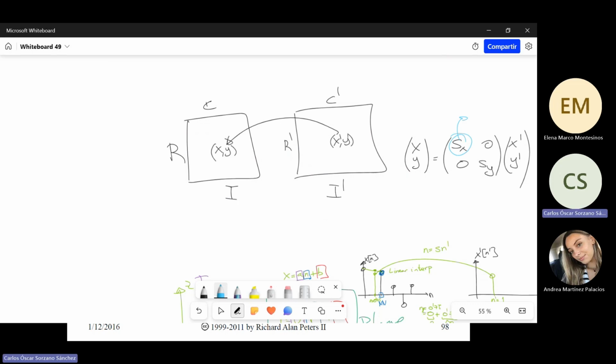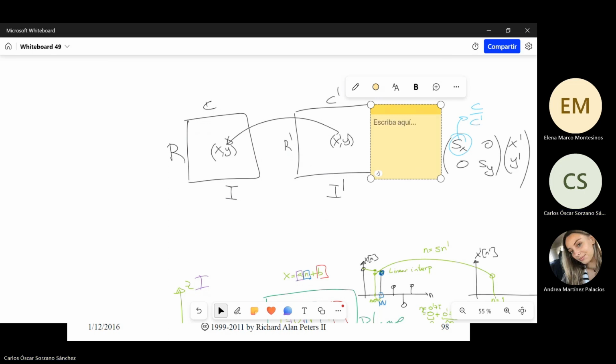X is in this direction, so it has to do with C and C prime. So it will be C divided by C prime. X is C prime, the corresponding coordinate here.